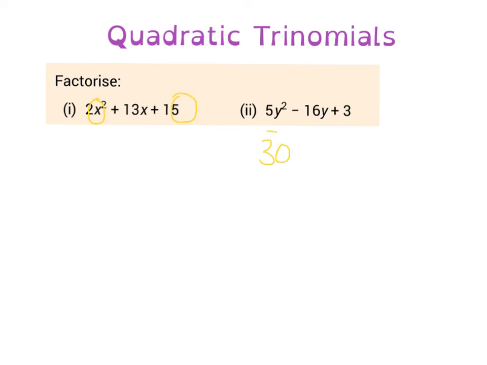So my guide number is now 30. And I must find the factors of 30 that add or take away to give me 13. And straight away we can tell that they are 3 by 10, because 3 by 10 will give me 30, and 10 plus 3 will give me 13.